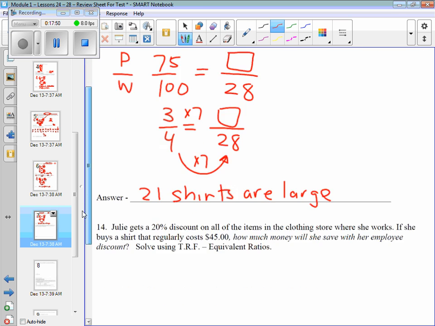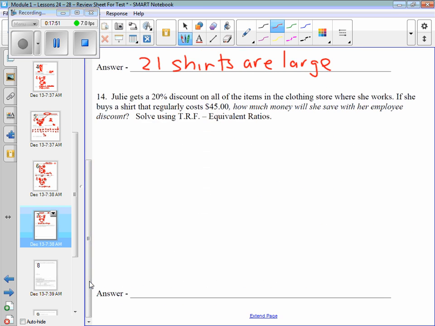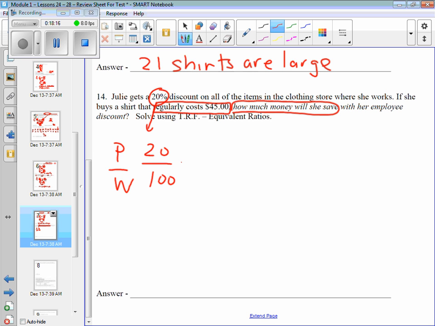Okay, let's look at 14. 14 pretty much still follows that same pattern. We have a percent in the word problem. Regularly costs 45 as a key item. How much money will she save as being the item we're trying to find? 20% becomes our first ratio, 20 over 100.